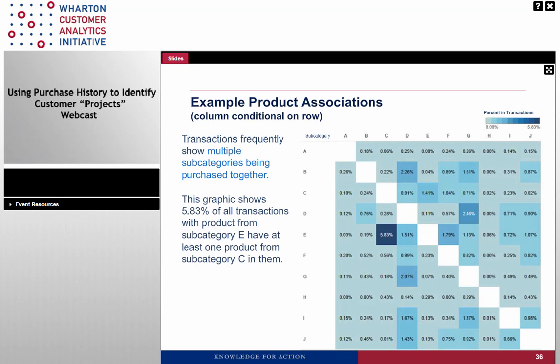However, looking again at basket analysis, here are some example product associations. We looked at 10 random subcategories, just picked them randomly.